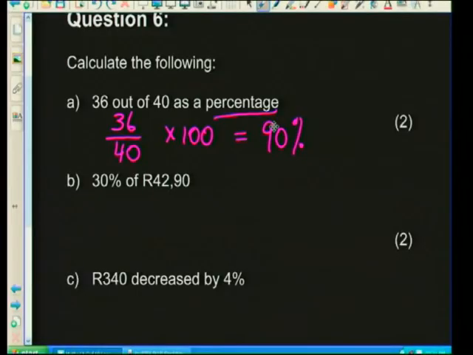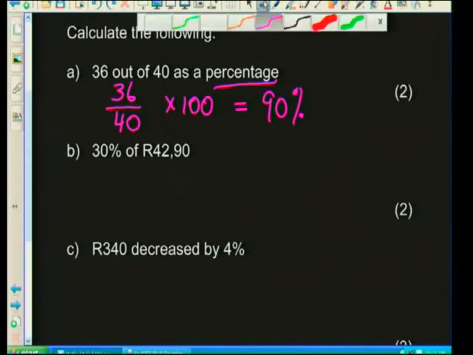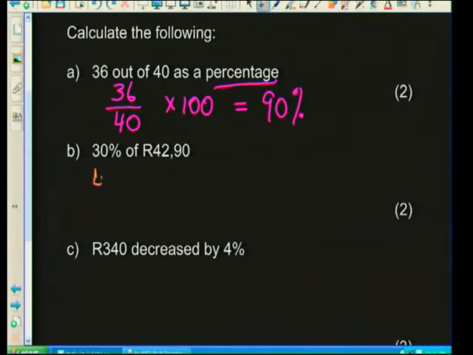If I want to calculate 30% of 42 Rand 90, let's take a different color. So I've got 42 Rand 90, and "of" means times by 30%. And this we can do on our calculator, both the scientific and the 4-function calculator actually work in the same way in this respect.